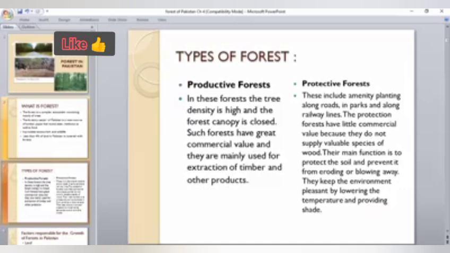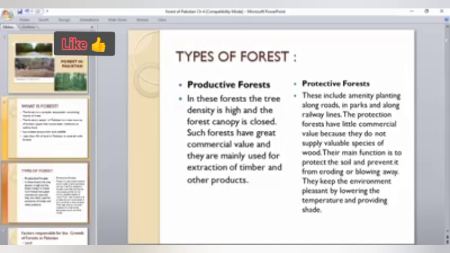And next is protective forest or protection forest. These forests include amenity planting along roads, in parks, and along railway lines. Their main purpose is to protect these things and also protect the environment as well.